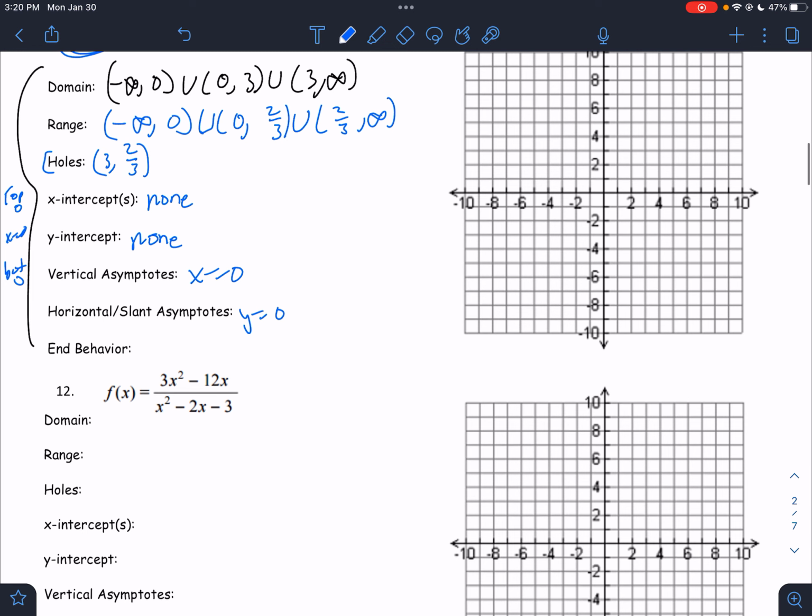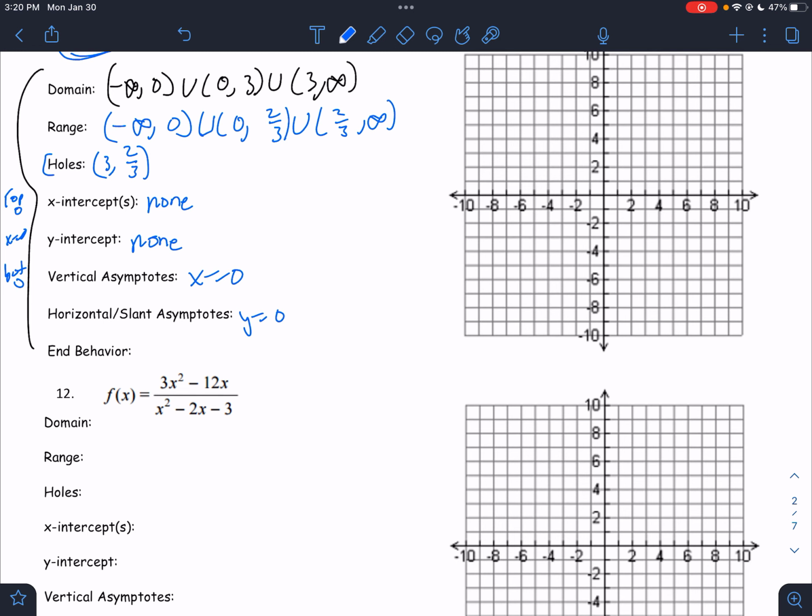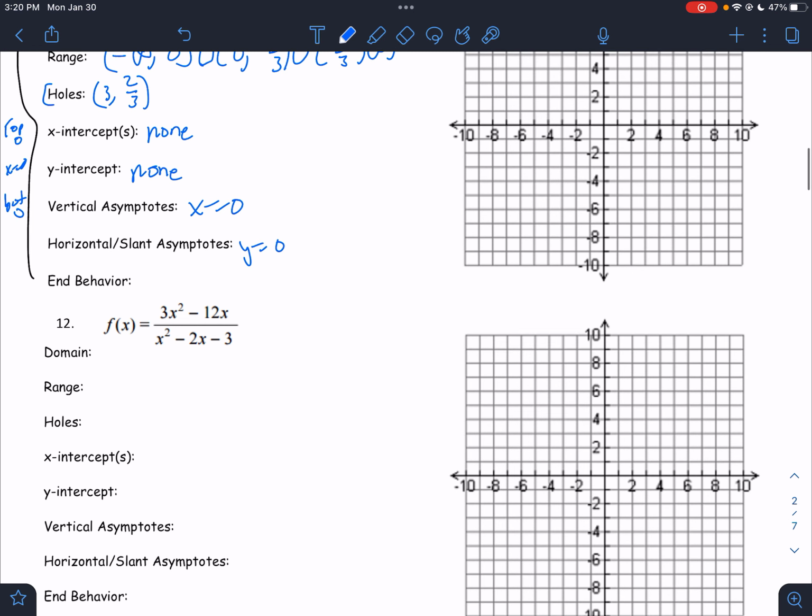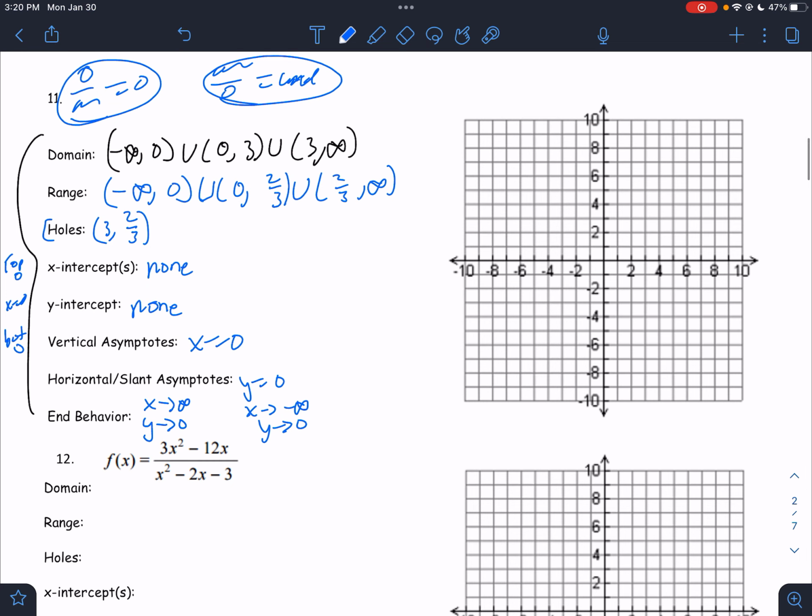End behavior: the whole point of the asymptote is for the end behavior. We know as x goes to infinity, y goes to 0. As x goes to negative infinity, y goes to 0. That's what the asymptote tells us. So then we graph everything we can.